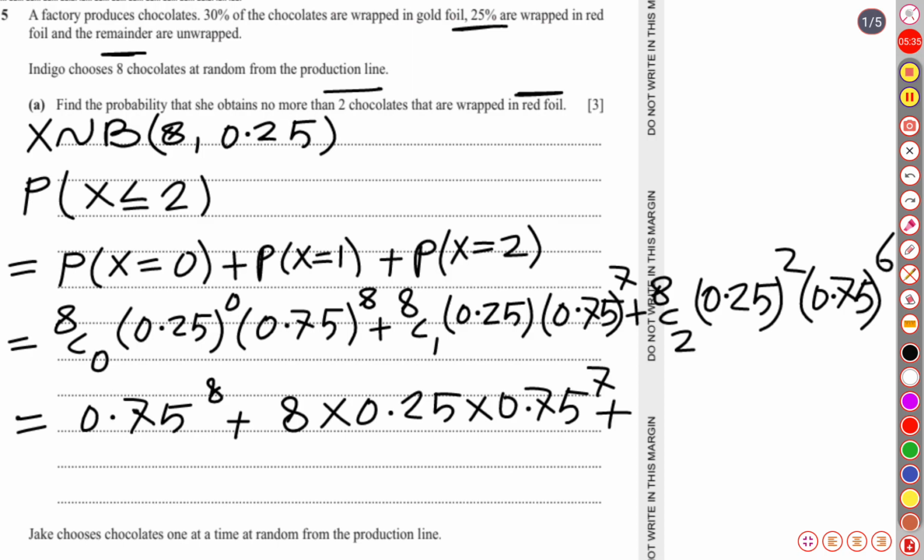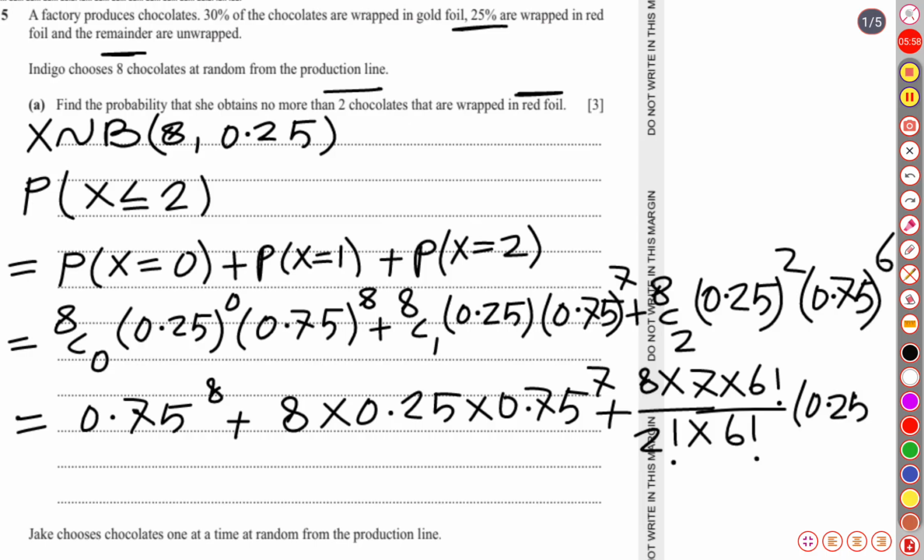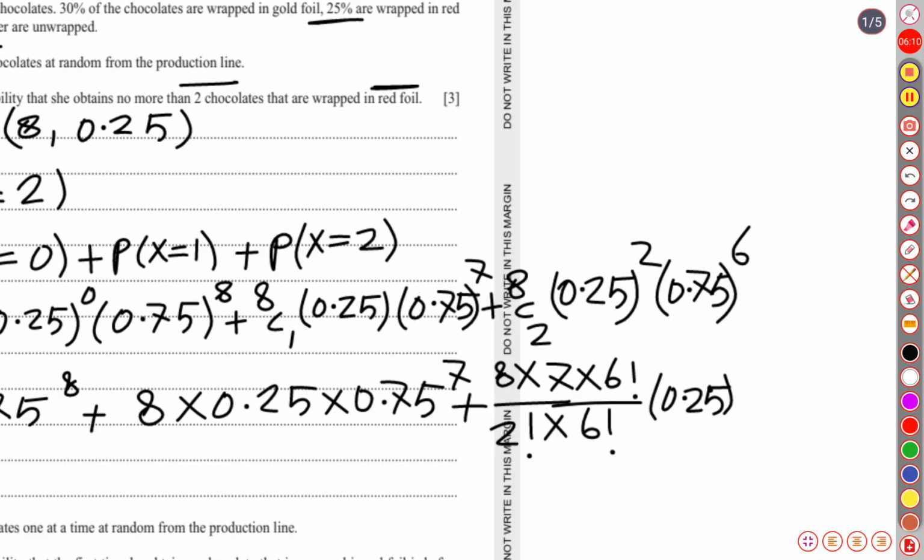Plus 8 choose 2. We can expand this: 8 into 7 into 6 factorial over 2 factorial into 6 factorial, and 0.25 raised to 2 into 0.75 raised to 6.